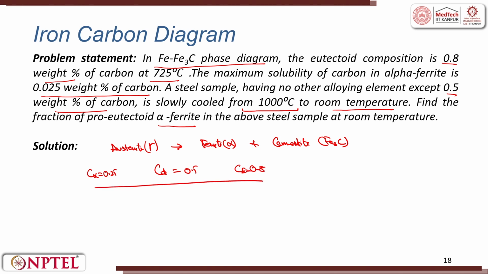So, you can draw a tie line here, this is 0.5, 0.8, 0.25, and then try to calculate the fraction of the pro-eutectoid alpha ferrite in this.